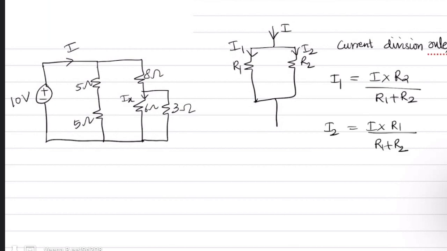So this is the current division rule, which is applicable for resistors as well as inductors. The current is proportional to the resistance or inductance of the opposite branch.